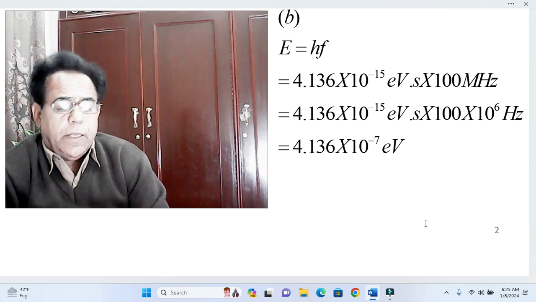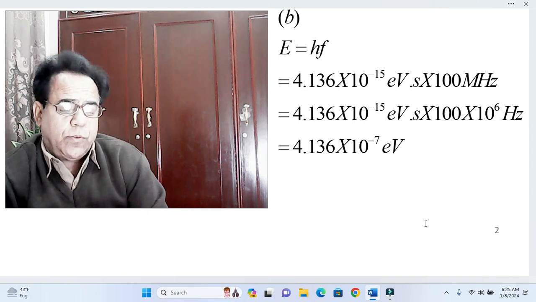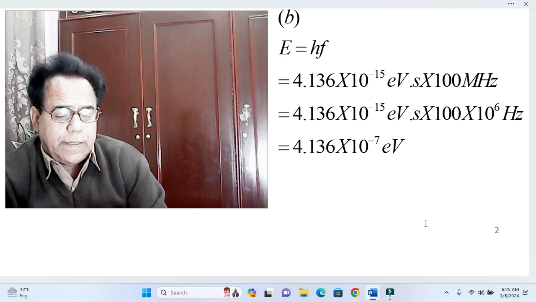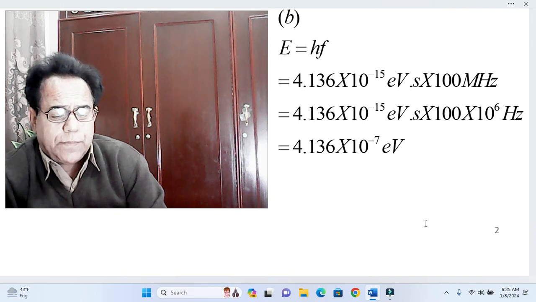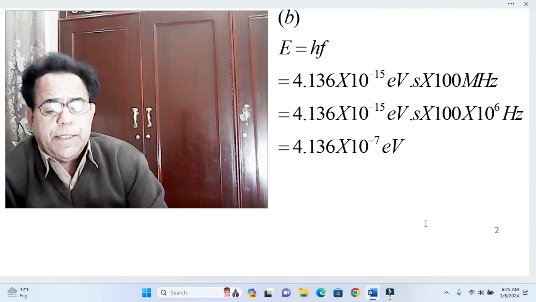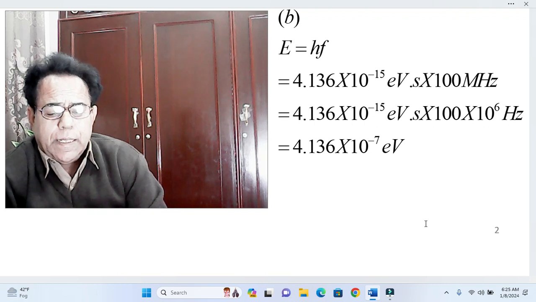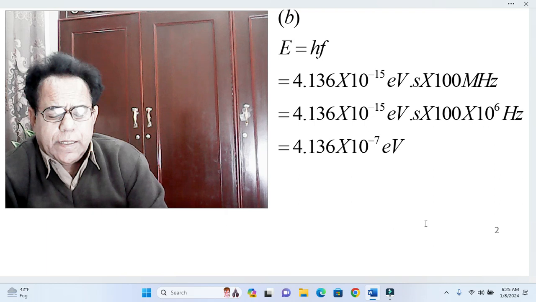Okay, so dear students, E becomes equal to 4.136 into 10 raised to the power minus 15 electron volt into second into 100 into 10 raised to the power 6. 10 raised to the power 6 has been used as a replacement for capital M into hertz.